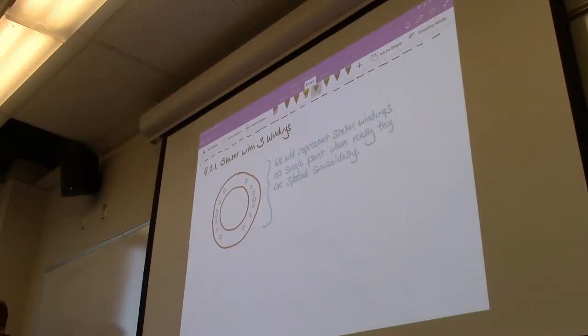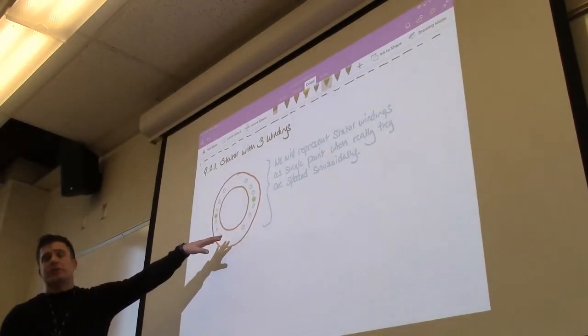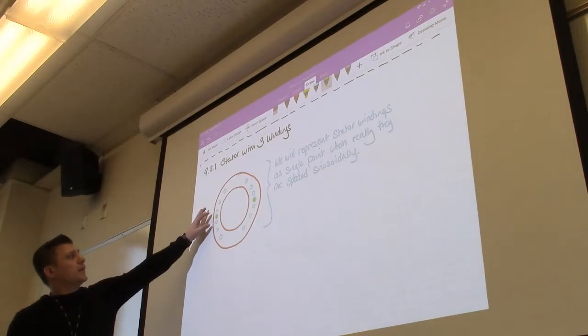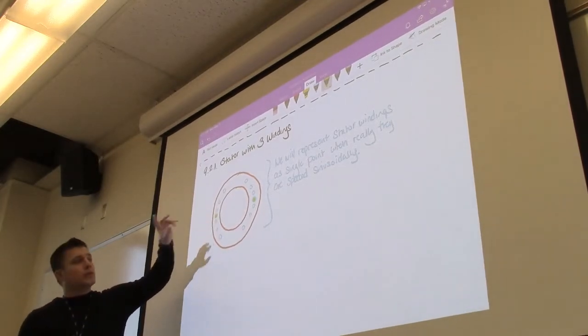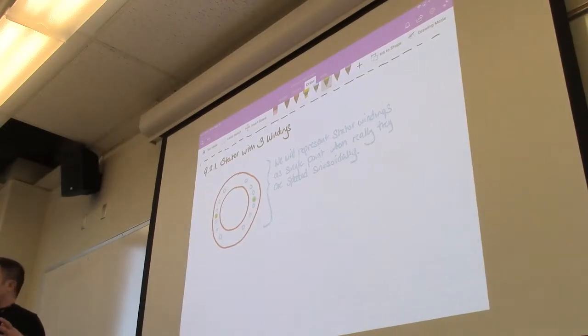So we're going to represent the stator windings by a single point, which will be like the green here, in the middle. But in reality, the stator windings, well, first off, you couldn't have multiple unless there was just one winding, right? One turn, you wouldn't be able to collapse it all into one spot. But the actual way that the windings are distributed is sort of this sinusoidal nature. So very, very close together on the two ends, and then very, very far apart in the middle.